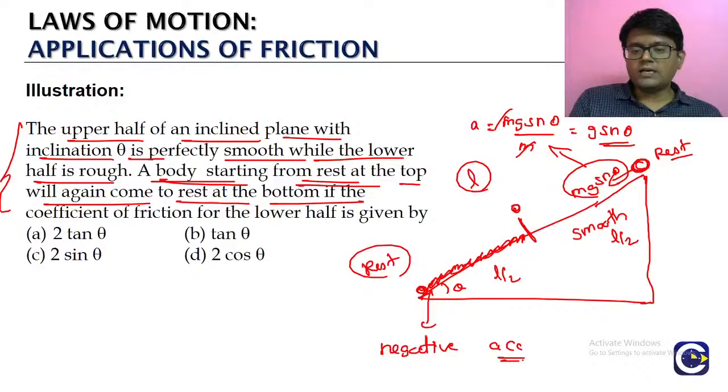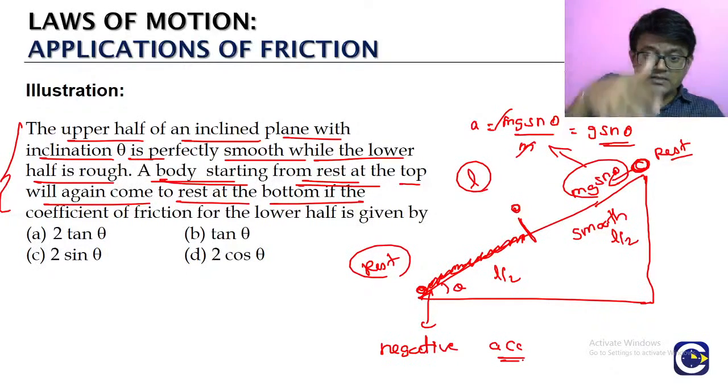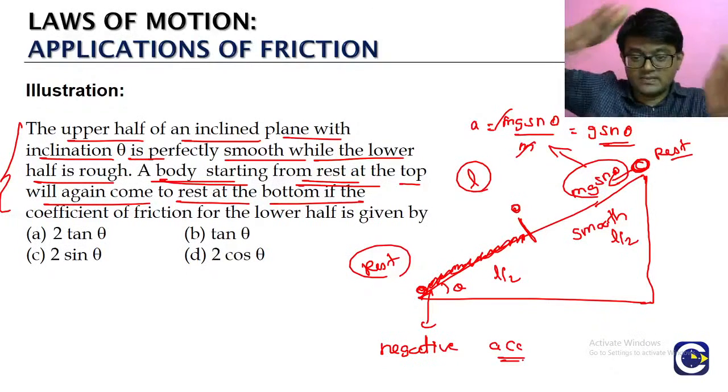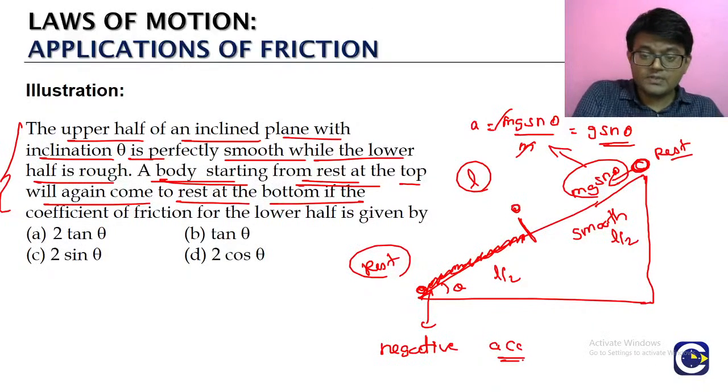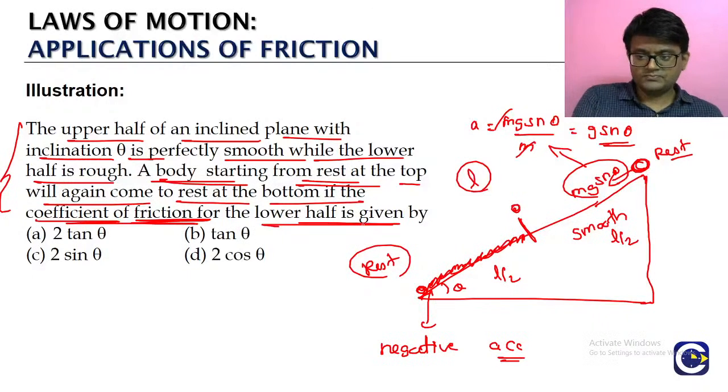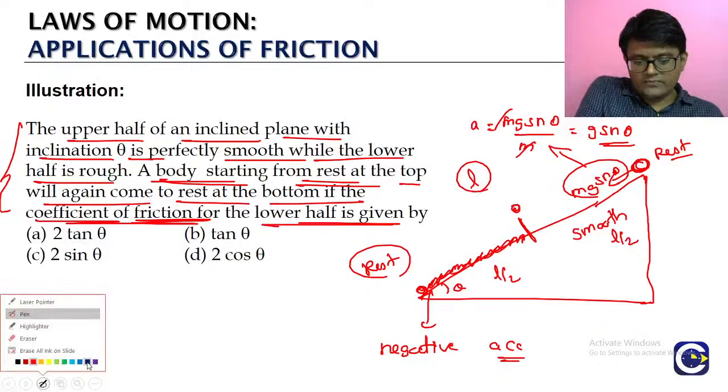So the velocity will keep on decreasing. Initially, in the first half the velocity will increase, and in the second half the velocity decreases, so that finally it comes to rest. We need to find the coefficient of friction for the lower half.